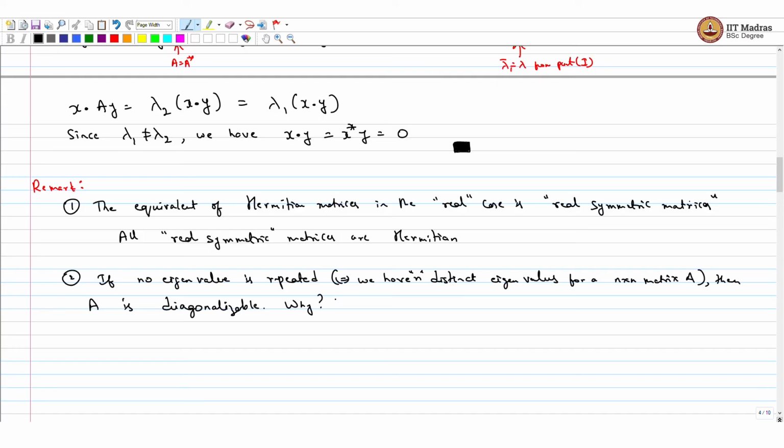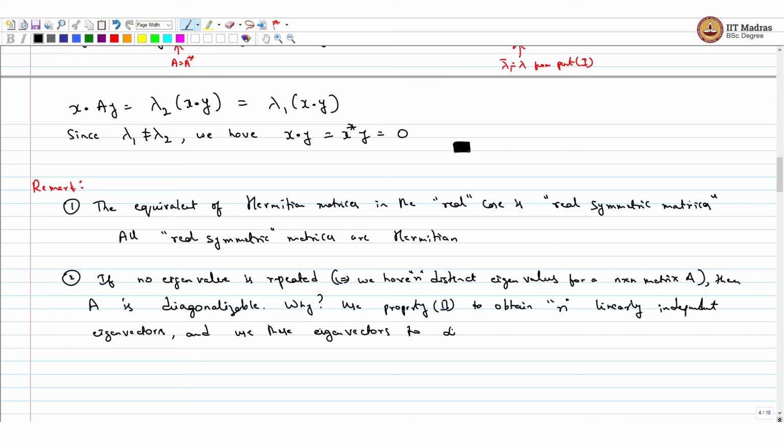Why? Because now you use property 2 to obtain n linearly independent eigenvectors and use these eigenvectors to diagonalize the given matrix.